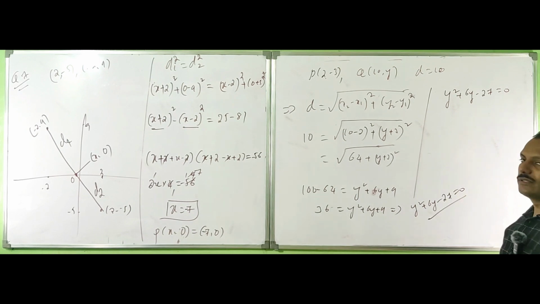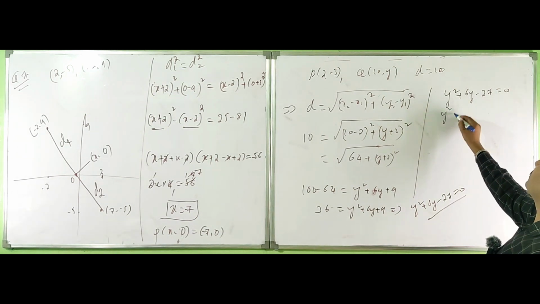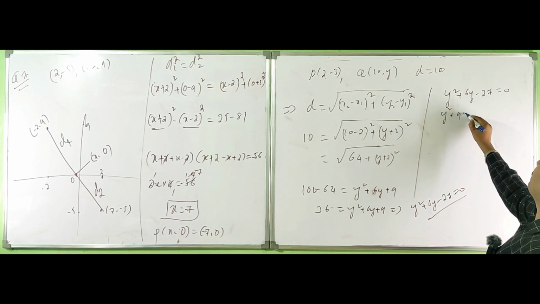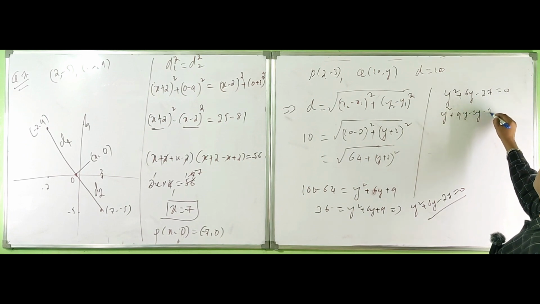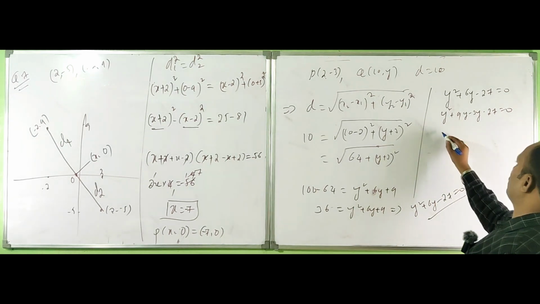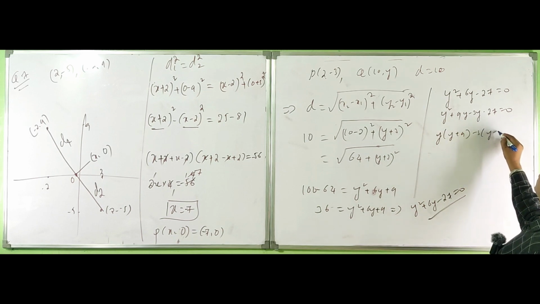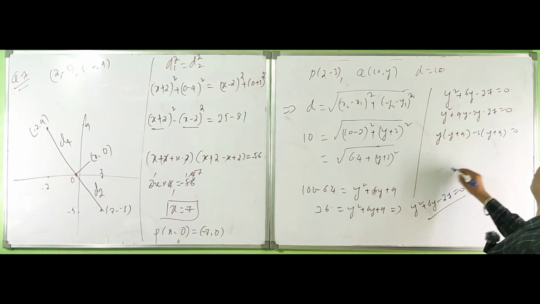Again, use the root formula or middle term splitting. 9 into 3 is 27, so I am writing y square plus 9y minus 3y minus 27 is equal to 0, because 9 into 3 is 27 and 9 minus 3 is 6. Y is common: y(y plus 9) minus 3(y plus 9) is equal to 0.